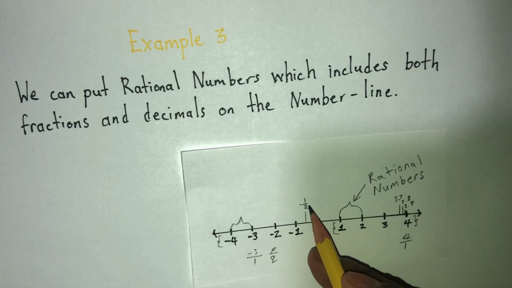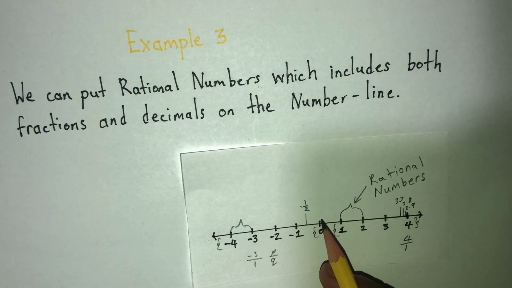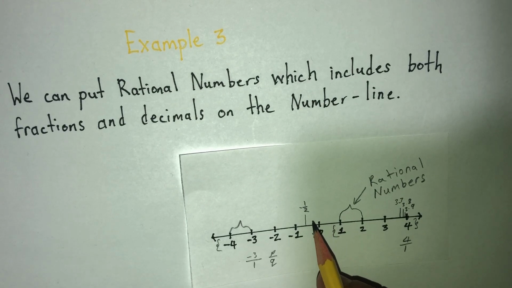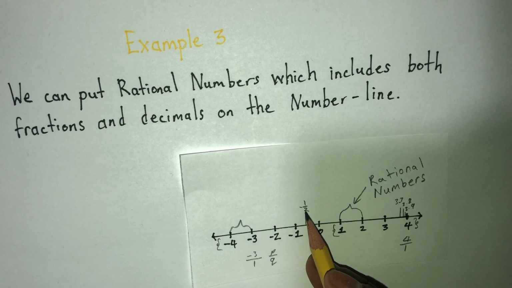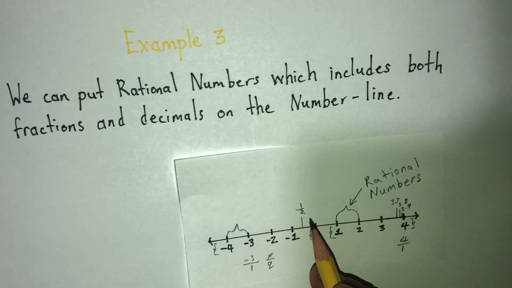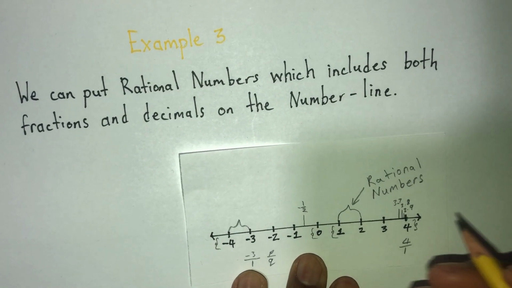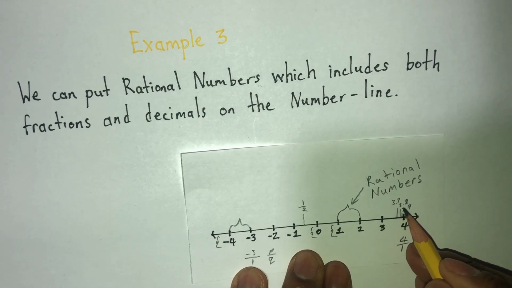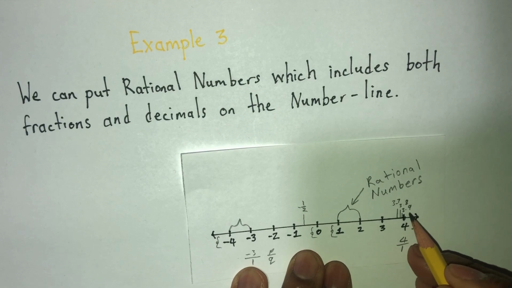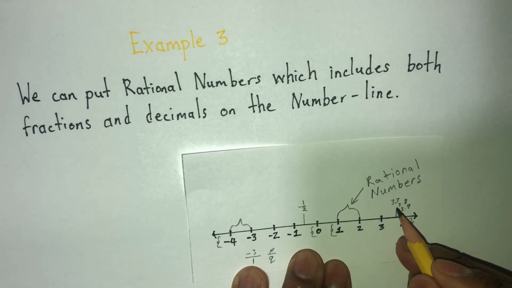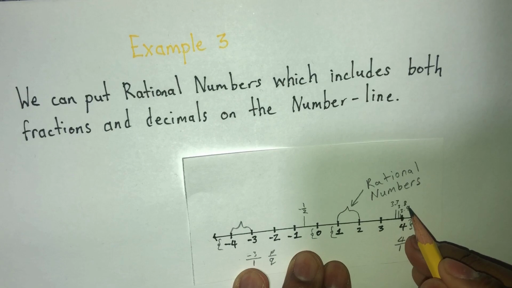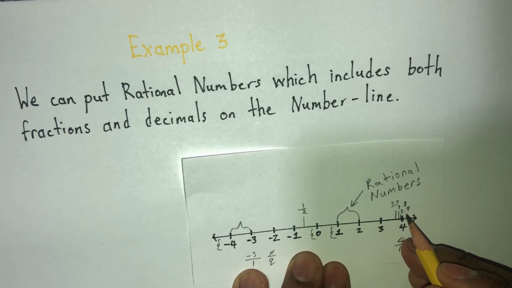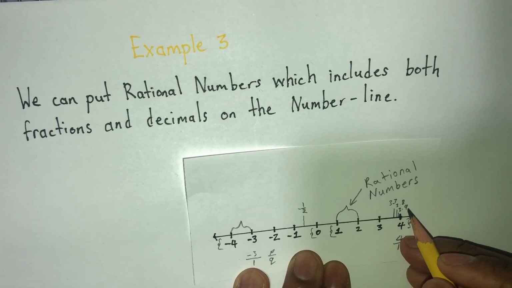Negative half is not an integer. However, it is a rational number and also a real number. Okay? And let's say we have 3.7, 3.8, 3.9. These are all rational numbers and real numbers. They are not integers. So don't get confused.